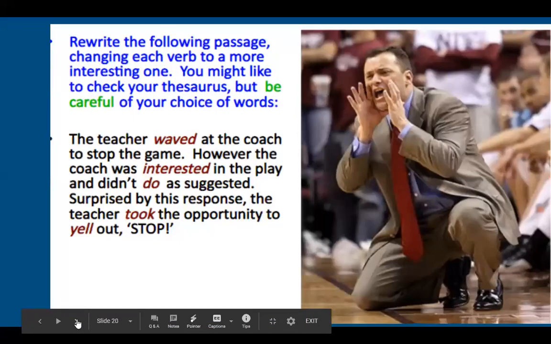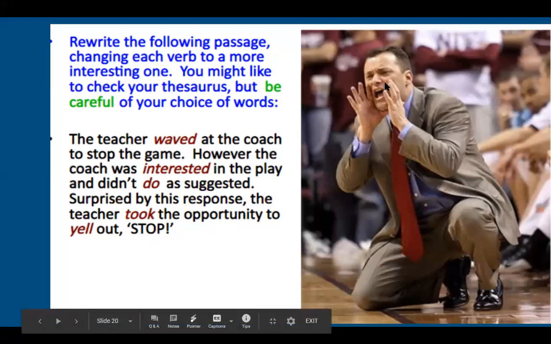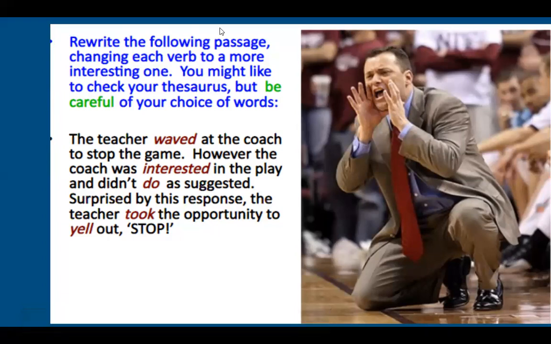So whenever you're writing a narrative or descriptive essay, you're supposed to change the verbs to more interesting ones. So you might like to check your thesaurus, because we are not ready with the words all the time. We have to have our own active vocabulary that's readily at our disposal. And be careful of your choice of words.